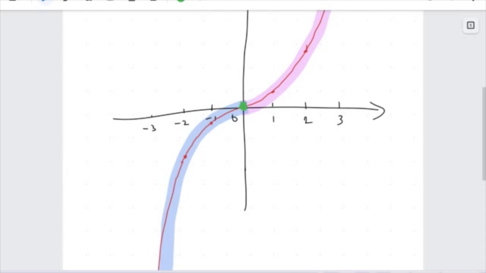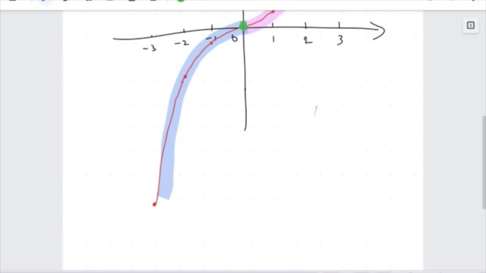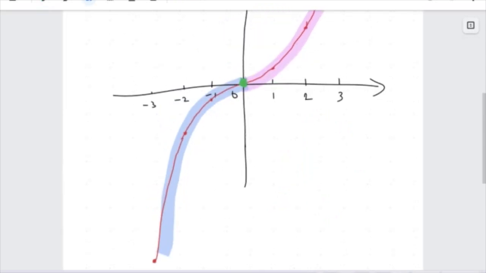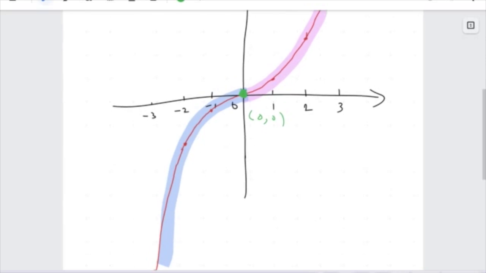Well, our function goes up and then it kind of stops momentarily. It kind of has something similar to a turning point for our parabolas, where they stopped momentarily and change direction. Whereas here, what happens is it stops momentarily at 0, the origin, at the coordinate 0, 0, and then it continues going up in the same direction. It doesn't actually change or turn.